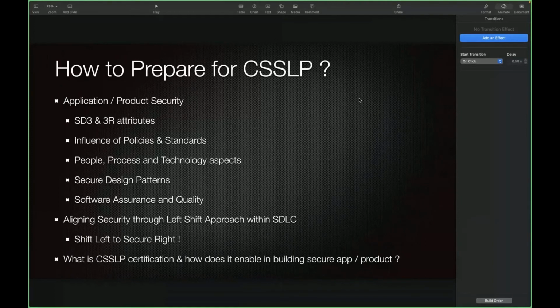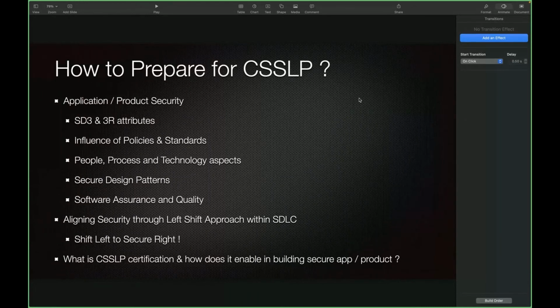In a secure software development world, the most common patterns are like least privilege, where I ensure that only a certain level of privilege has been provided to the user so that I can maintain the confidentiality aspect, right?